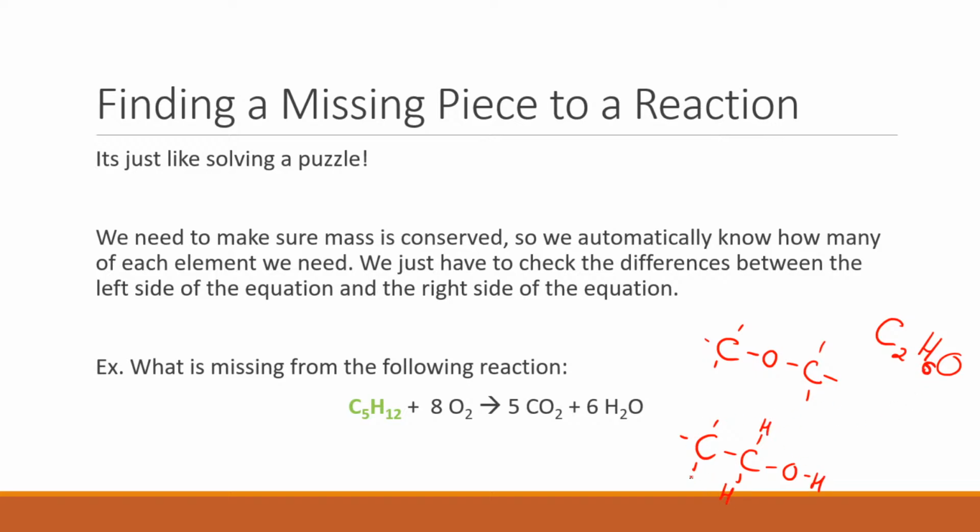Right, they're both of the same number of C's and H's and O's, but we know that an alcohol and an ether are two different things. Right here up top, ether, here on the bottom, alcohol. So this would correctly fit in a spot to tell me what I'm missing from an equation, but it doesn't tell me ether versus alcohol. So that's one of the things that we're going to see pop up in a second.